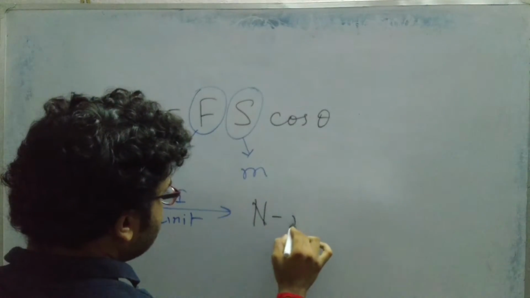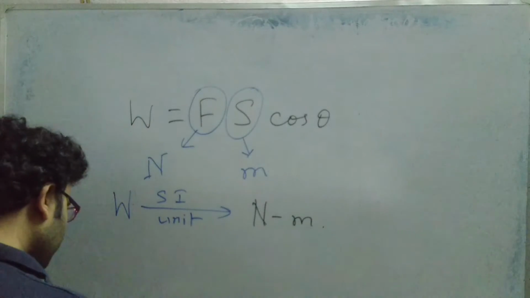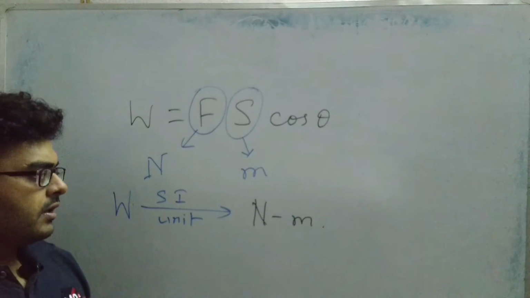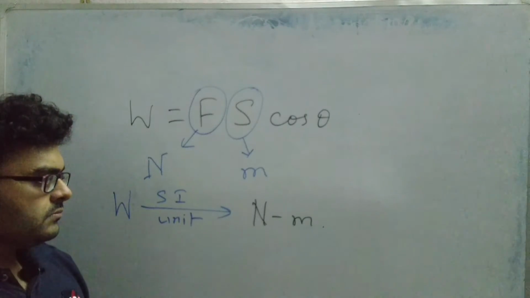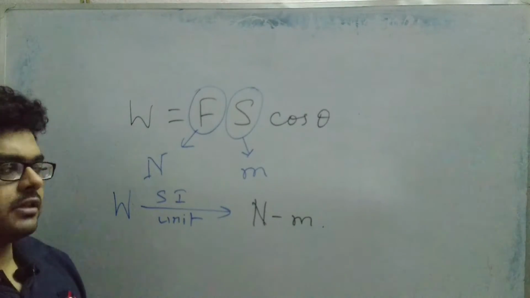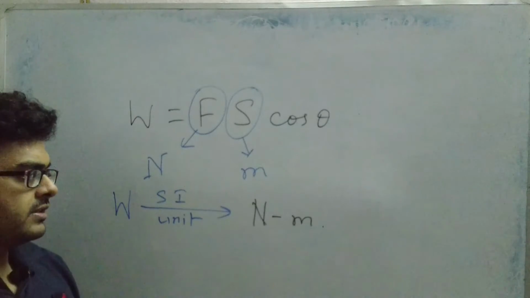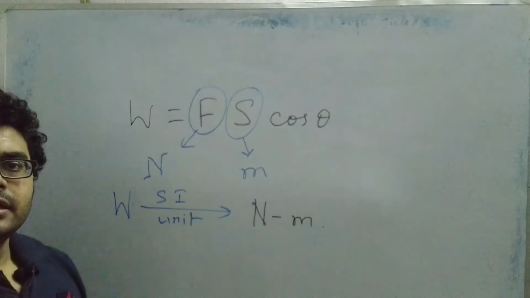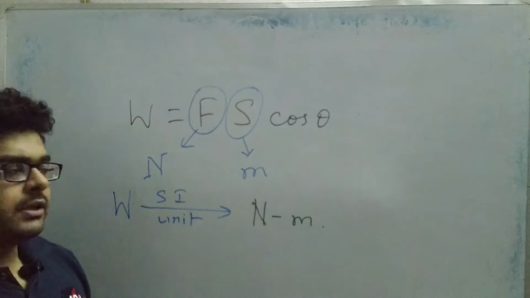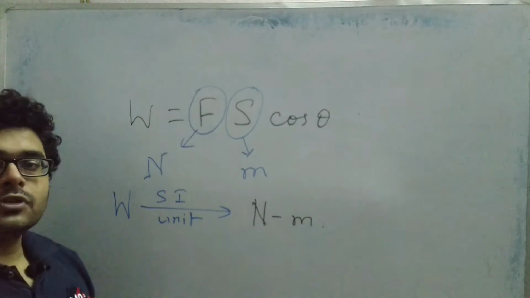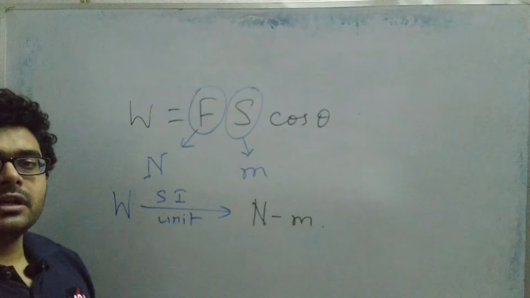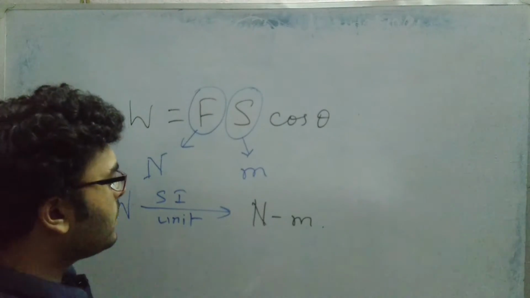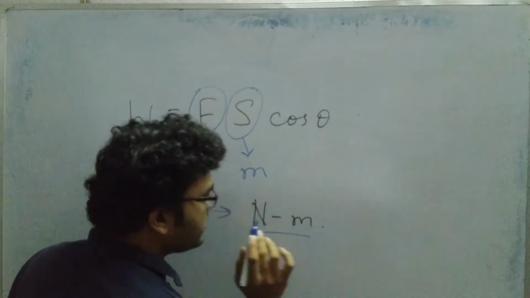Now, does this unit sound familiar to you? I think it is sounding a bit familiar. As you can remember, in the previous chapter that you have studied, the turning effect of force, you have learned that the SI unit for the turning effect of force, which we have termed as moment of force, was also the same as that of Newton meter.